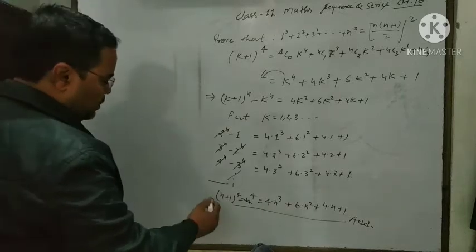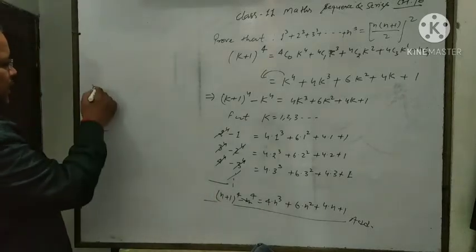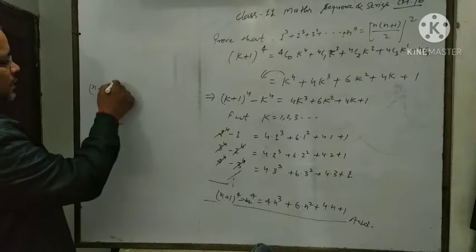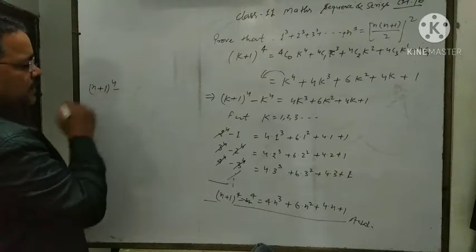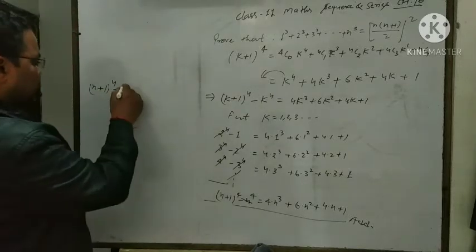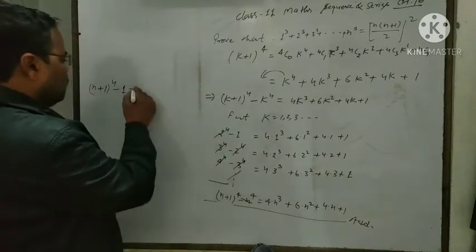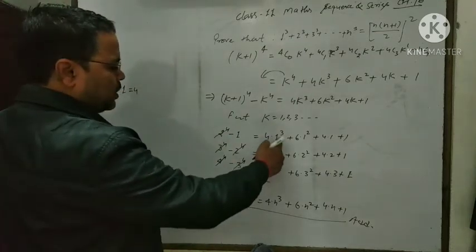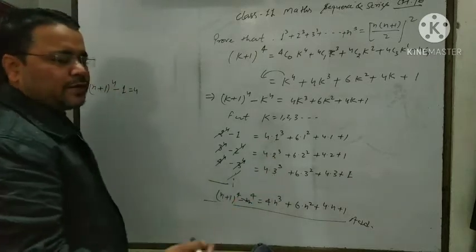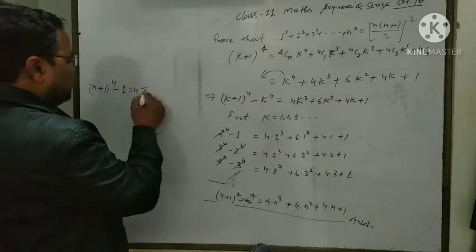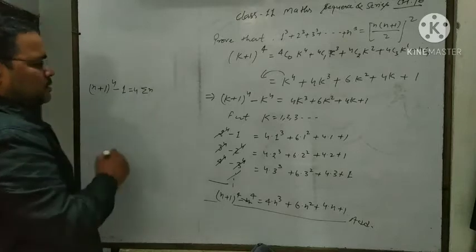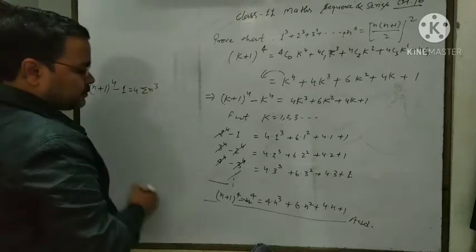We get only this value, (n plus 1) raised to the power 4 minus 1, is equal to 4 times 1 cube, 2 cube, 3 cube up to n cube. Then we can write simply sigma n cube.